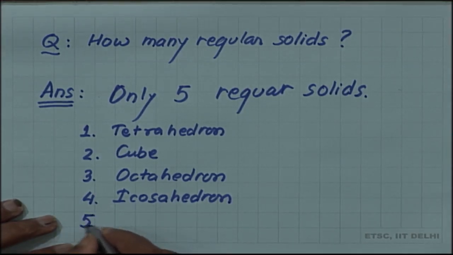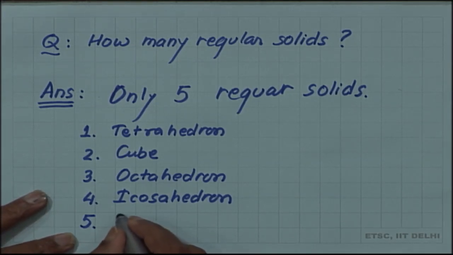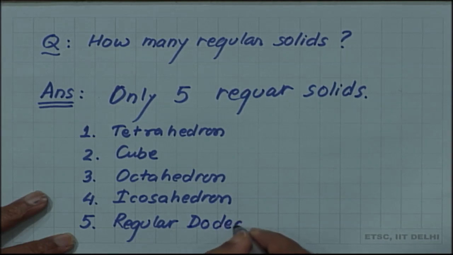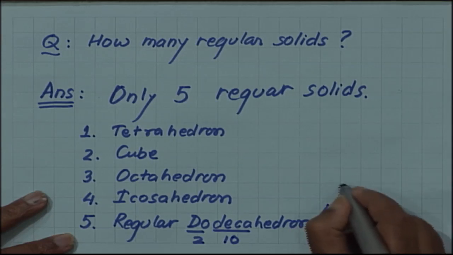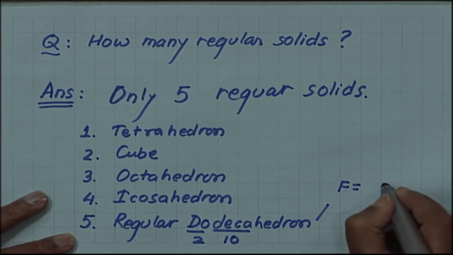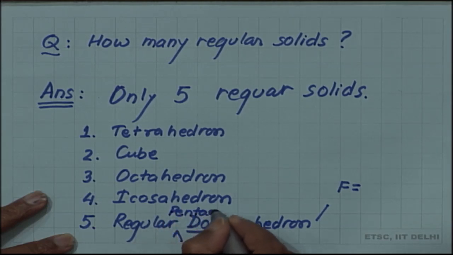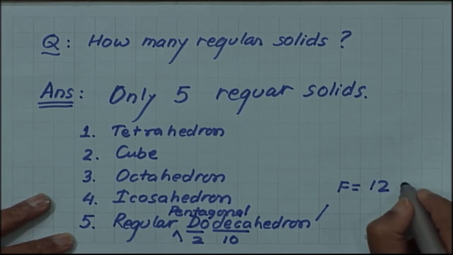The 5th one, which I have not shown you till now, is what is known as a regular dodecahedron. Dodecahedron: do and deca, 2 and 10. So, it is a solid made up of 12 faces, and let me add an adjective, pentagonal dodecahedron. Its faces are made up of pentagons.